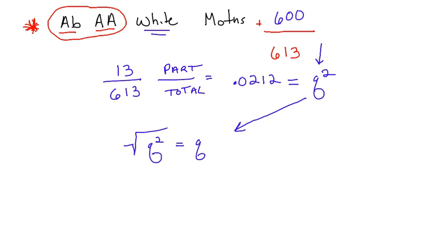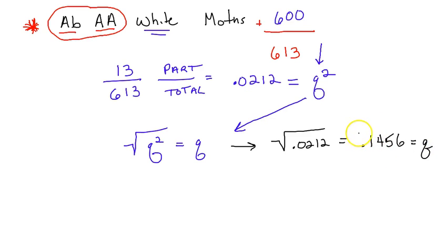So watch me do it. I take the square root of 0.0212. And what does that give me? That gives me a Q equal to 0.1456, and that equals my Q. Now, what does that mean?